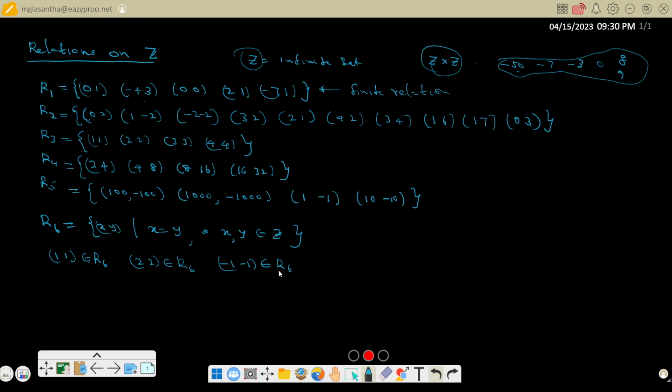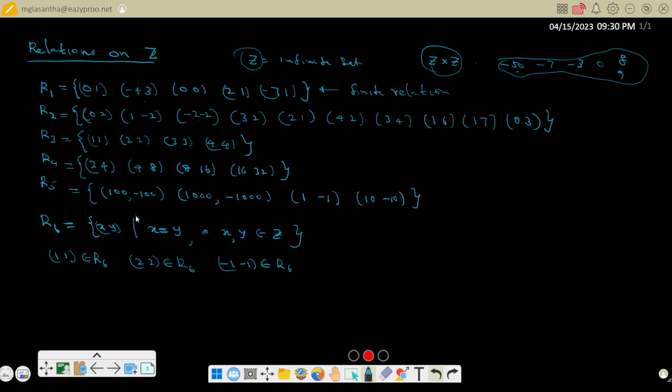I cannot read what x, y, then we put the bracket, straight line. This (x, y) is the shape of the element. Then this is the rule, how you choose the element. x equals y is the rule of the relation, right? So using the rule, you can identify the elements, the members of R6. Okay.